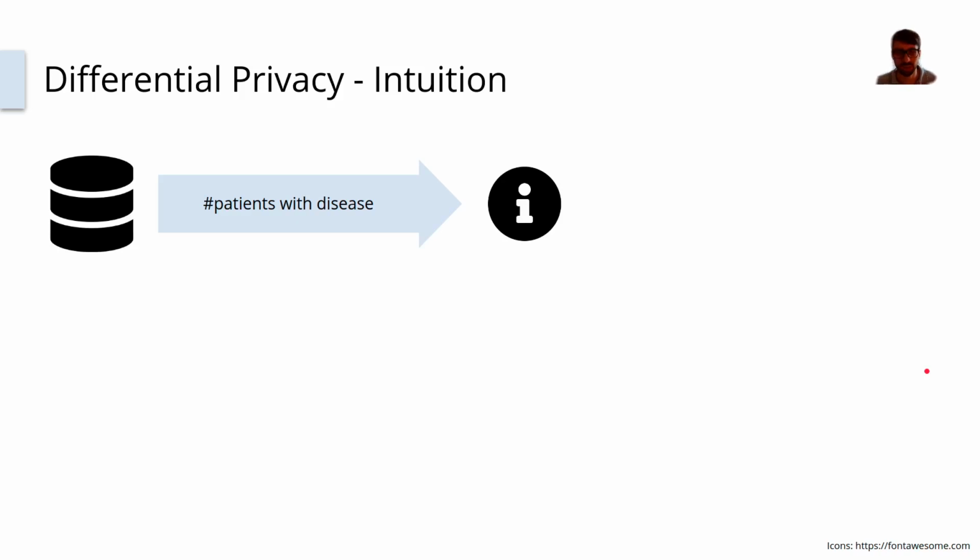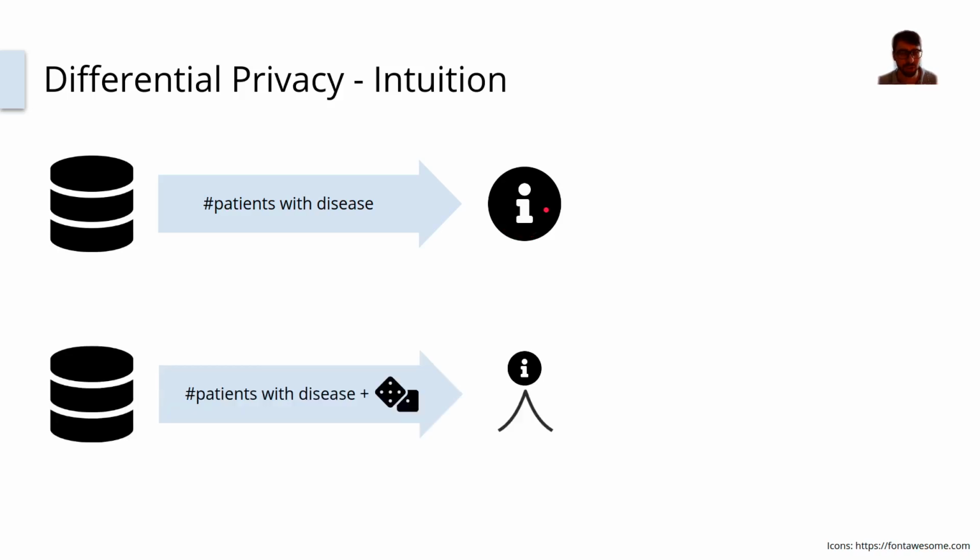First, let me give you an intuition on differential privacy. In this scenario, a hospital is storing sensitive medical records in a database and plans to release statistics on this database, such as the number of patients with a certain disease. In this scenario, the patients in this database might be rightfully concerned about the use of their private data to produce publicly available information.